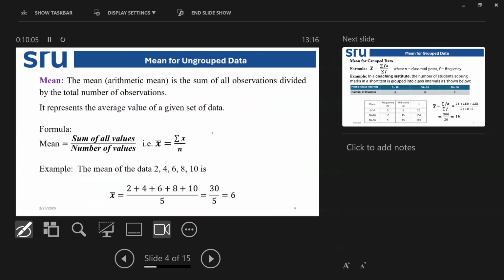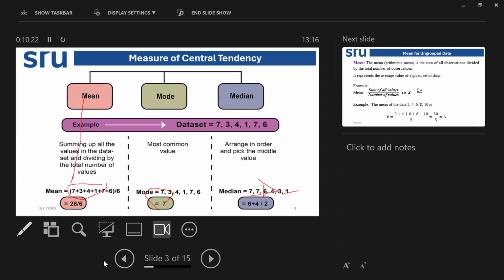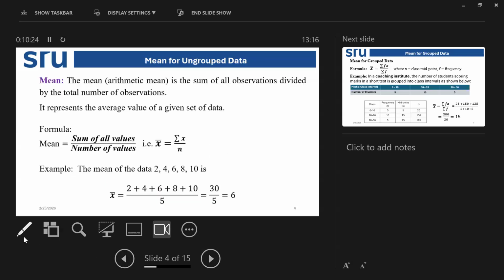Next. This is the general formula for the mean calculation. Sum of observations divided by the total number of observations.